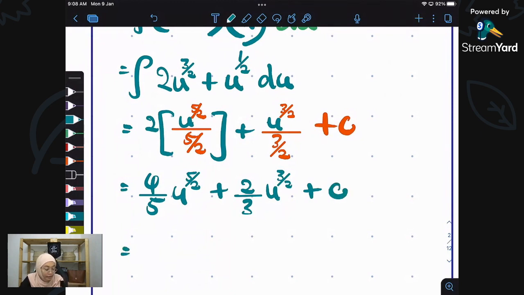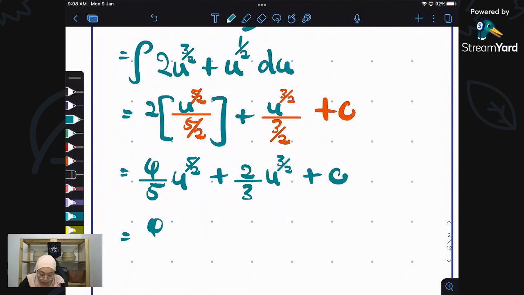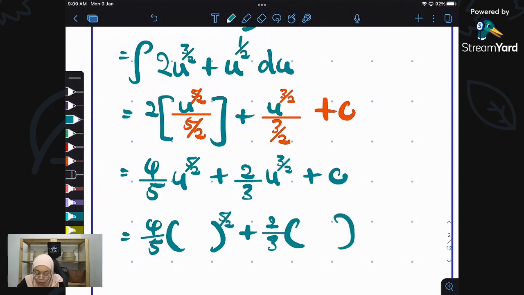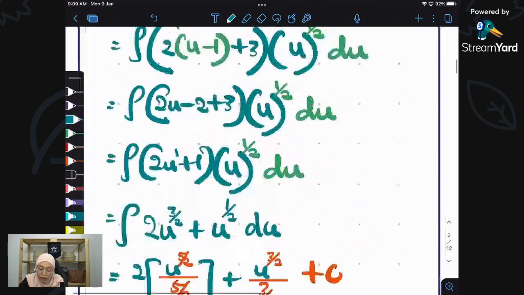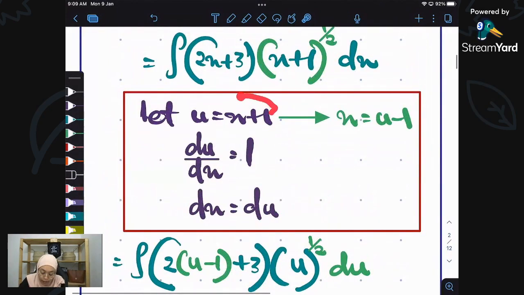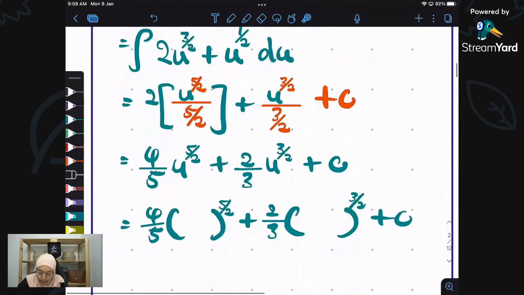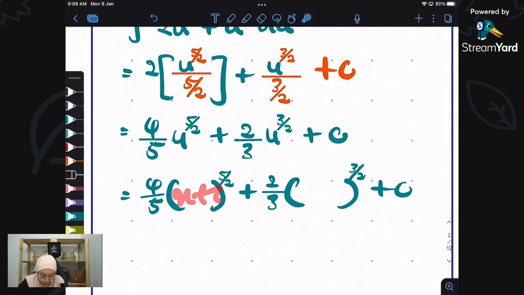And so the answer is to change back whatever u there. Okay guys? That is called substitution. You change your u back into what? Into x plus 1, because this is your assumption. And then you change it back into x plus 1, x plus 1.